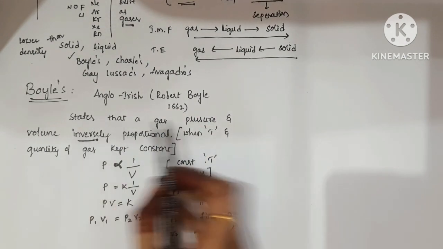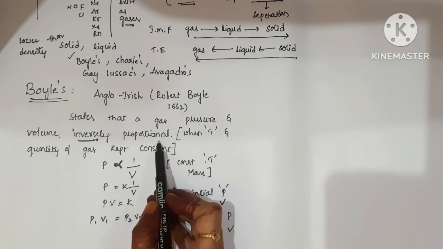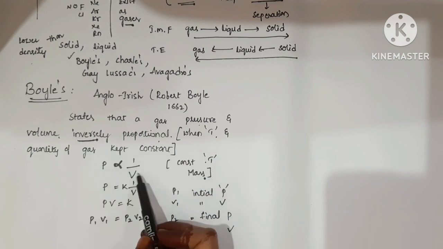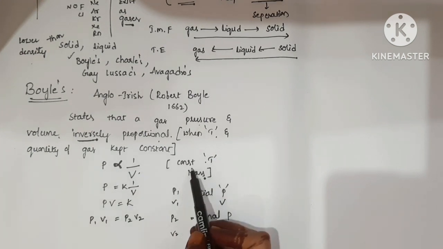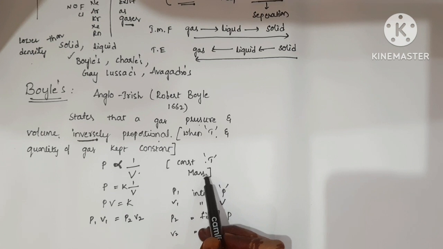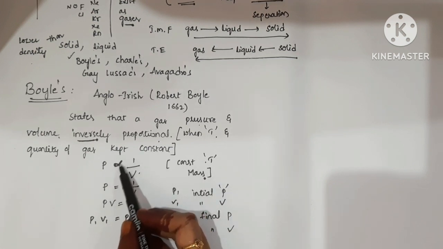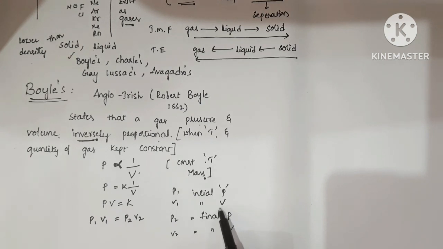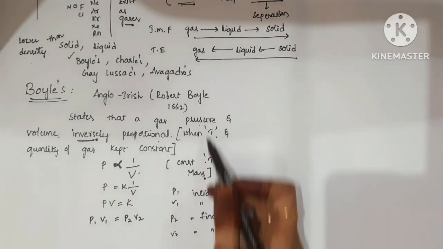Boyle's law states that pressure and volume are inversely proportional when temperature and mass are constant. We remove the proportionality symbol by adding the proportionality constant K. P is equal to K 1 by V, so PV is equal to K. With final and initial pressure, I write P1 V1 is equal to P2 V2. So this is Boyle's law.